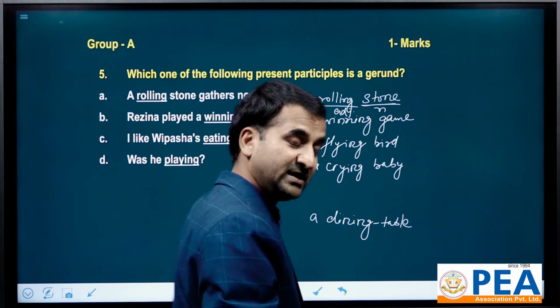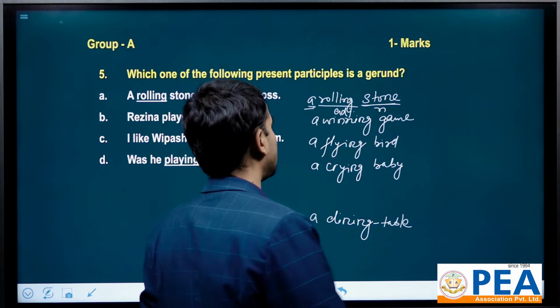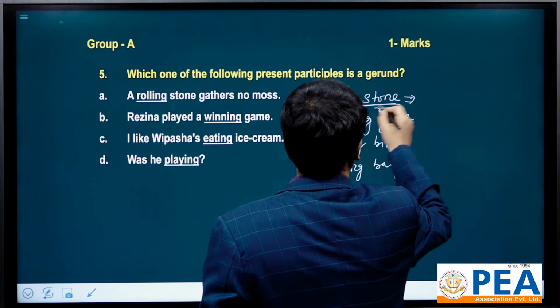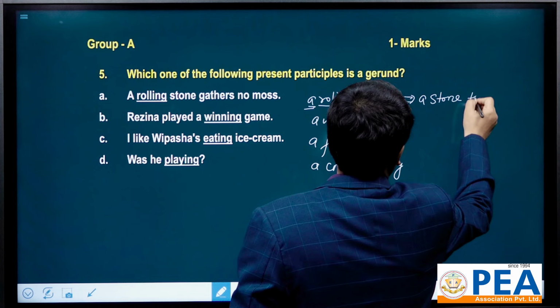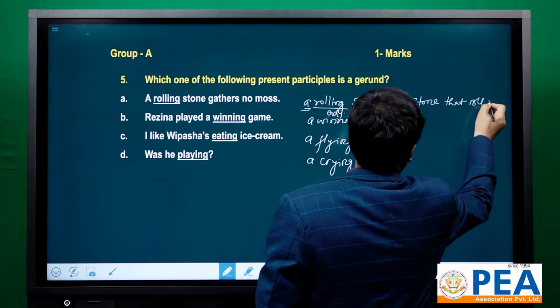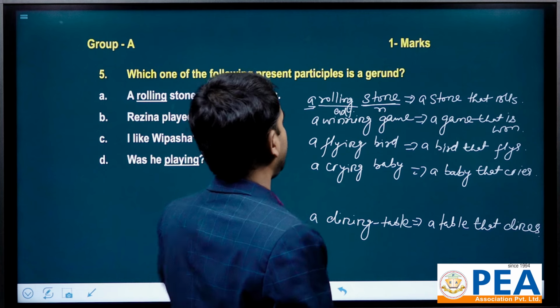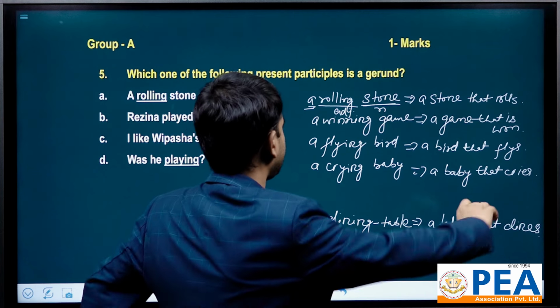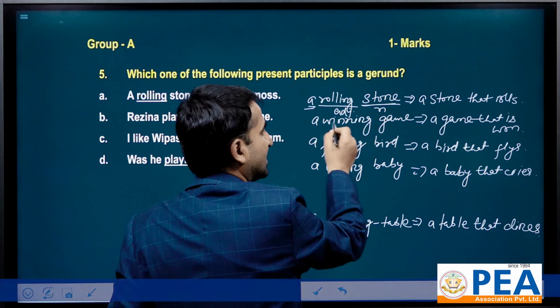These are two conditions, but the last one is the major condition, that it should be written in this form: a stone that rolls. It must be written in this form to be an adjective.